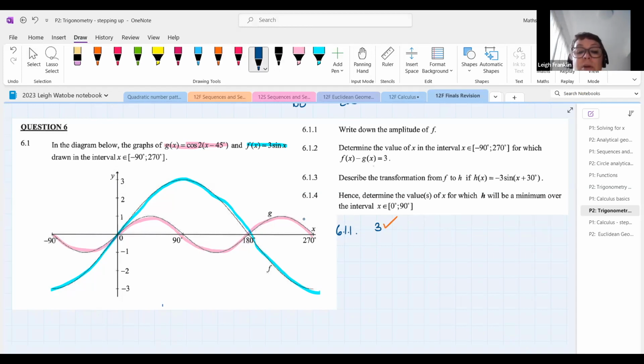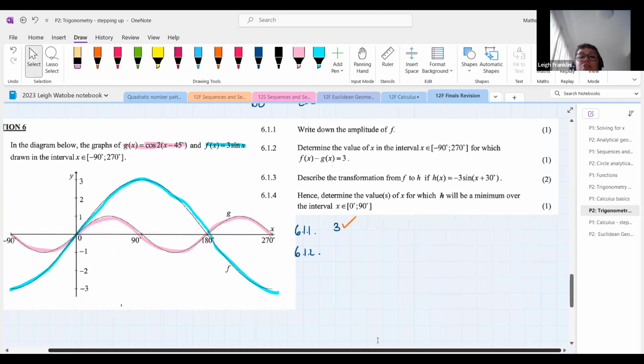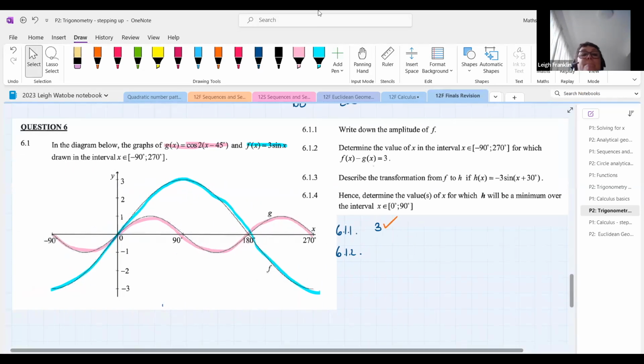Okay, next question. 6.1.2. Determine the value of x in the interval minus 90 to 270. So that's the interval for which these graphs are sketched, for which f of x minus g of x is equal to 3. So it only happens in one place because it says value of x, not values.